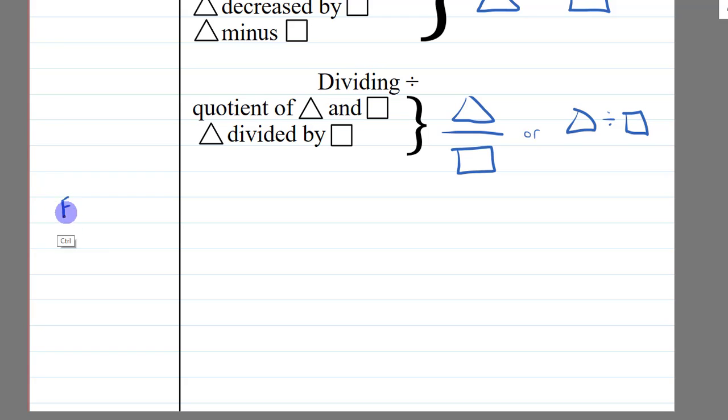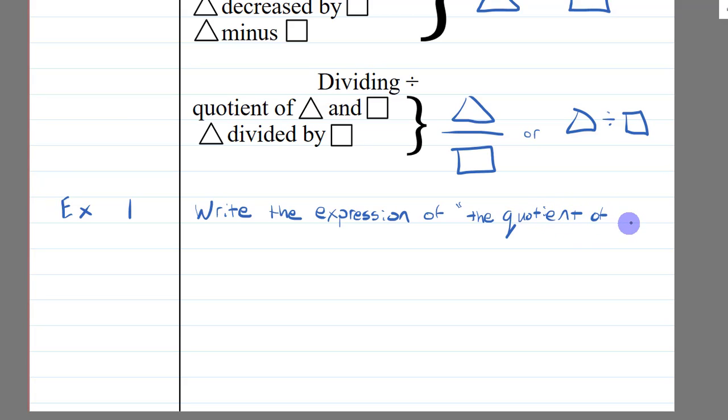Let's write down this following example. Example number 1. Write the expression of the quotient of 4 and 2.